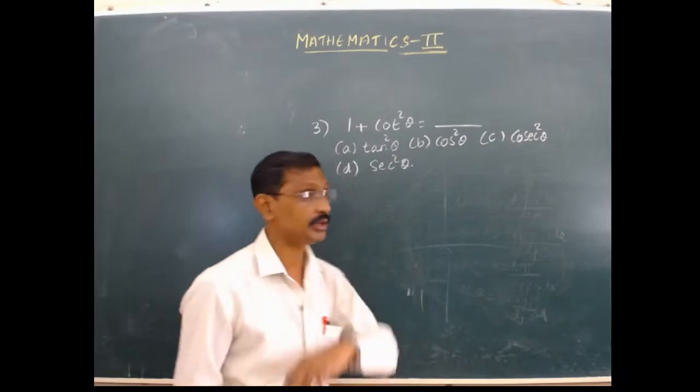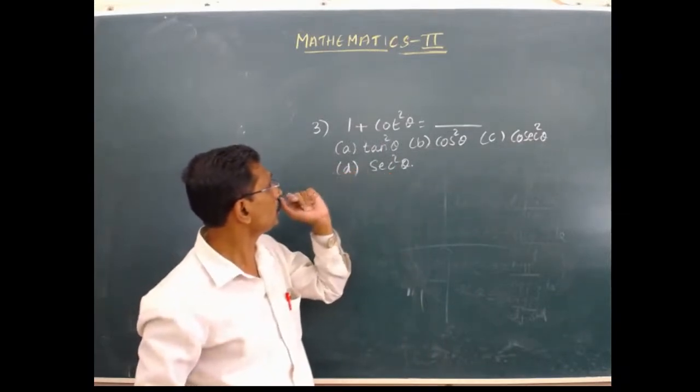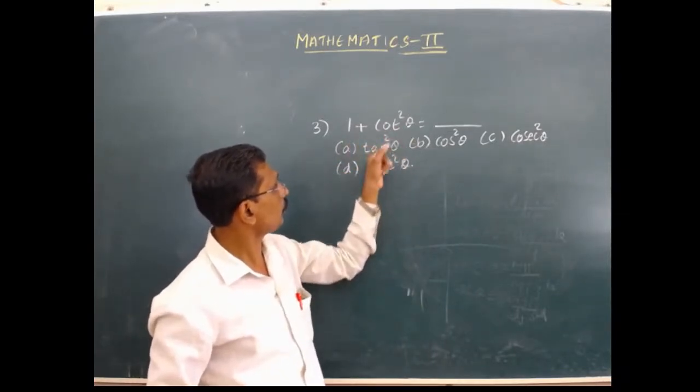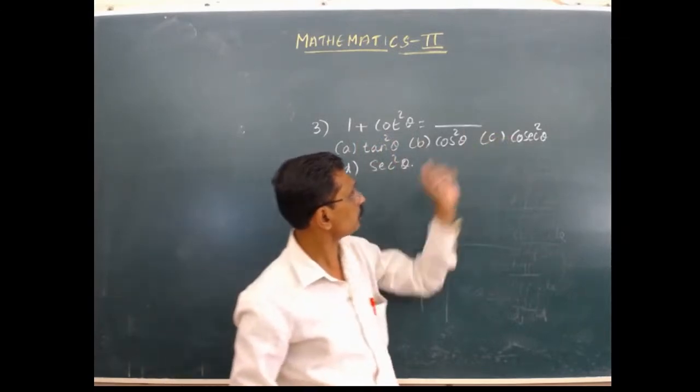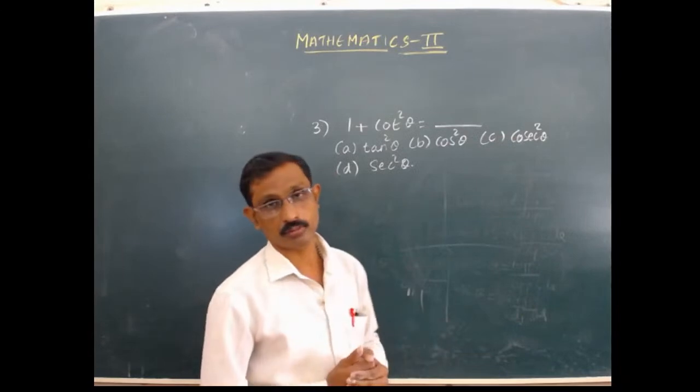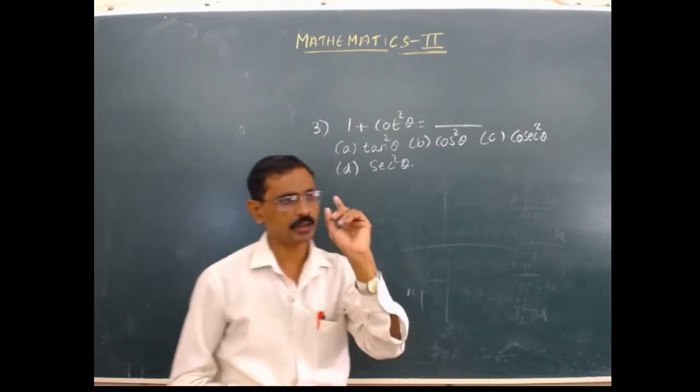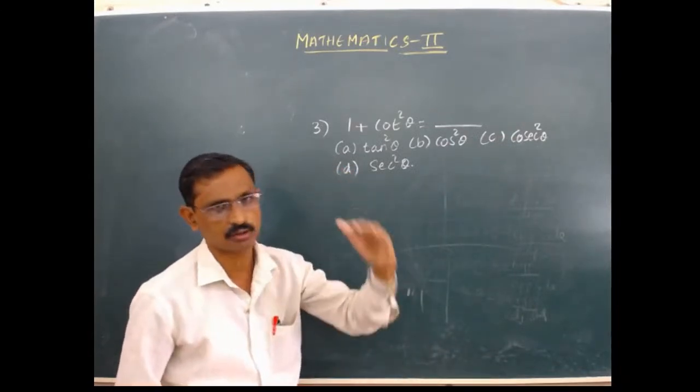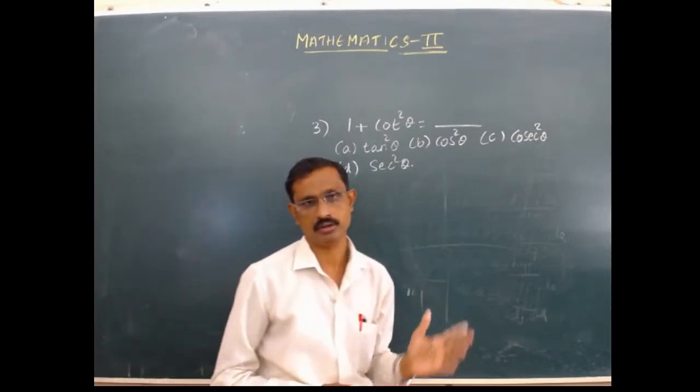Now here we get ourselves confused, like it may be tan square, or cos square, or cosec square, or sec square. It can be anything from this. The basic identities given to us were sine, cos, tan, sec, cosec and cot.